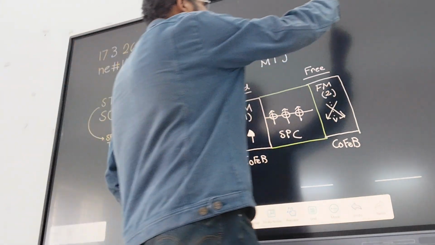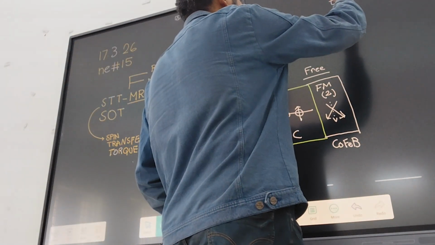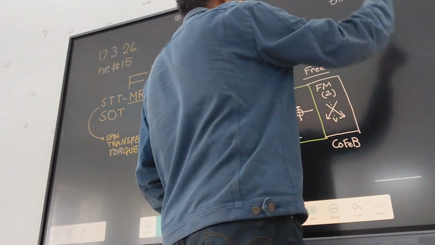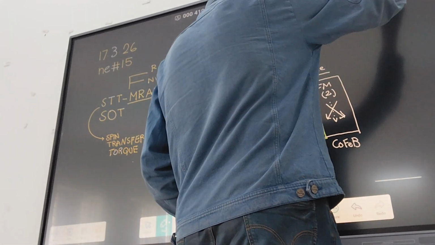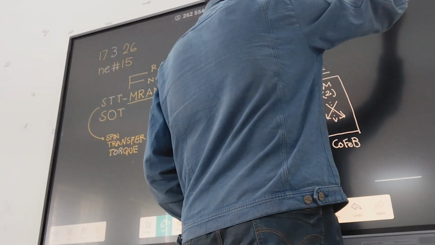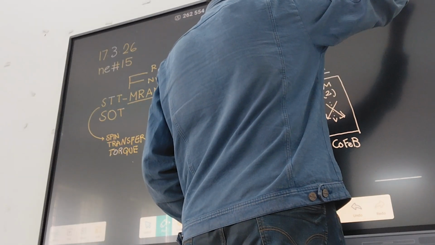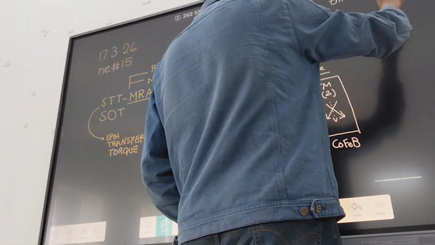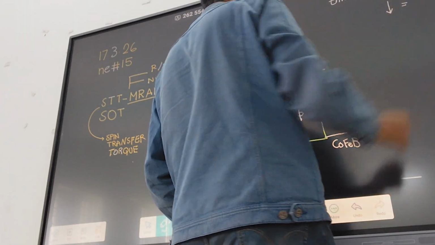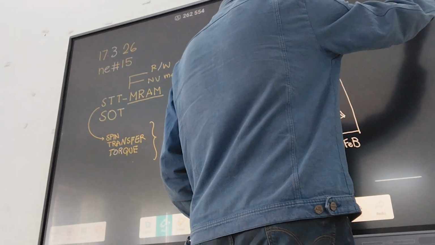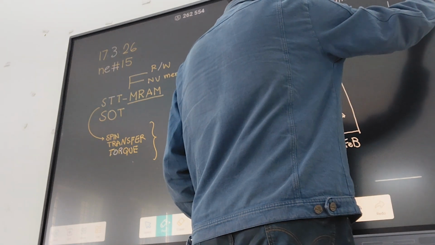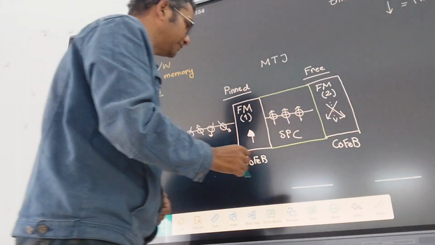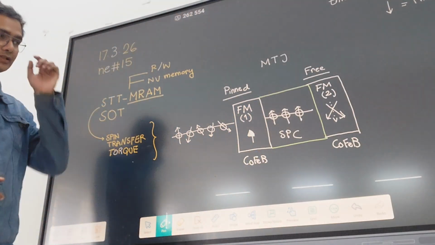Basically the thickness. If the thickness is greater, it will lead to a free layer. But if the thickness is low, the degree of freedom decreases and it is more likely to be a pinned layer. So there is a difference in thickness between the two. Okay.